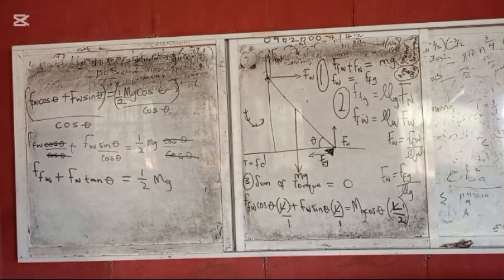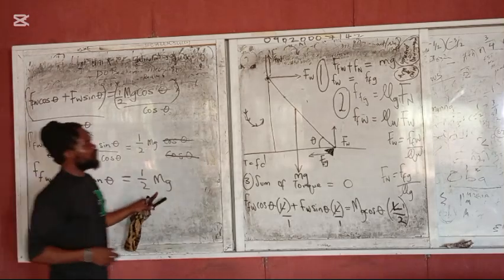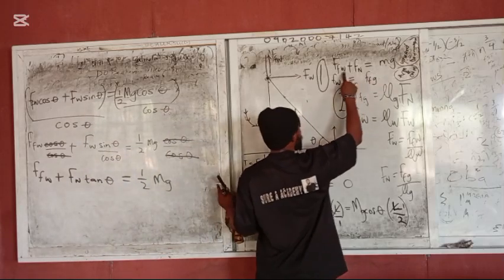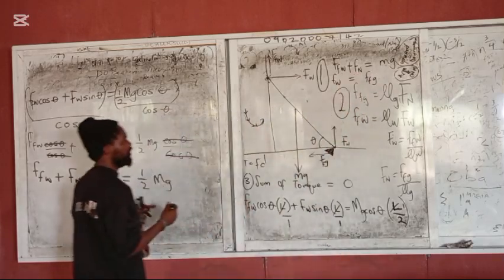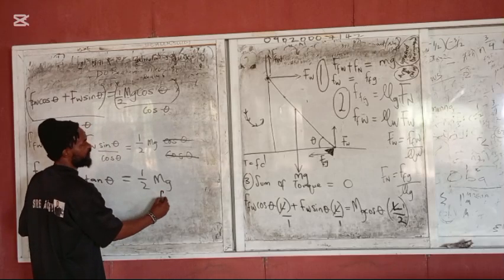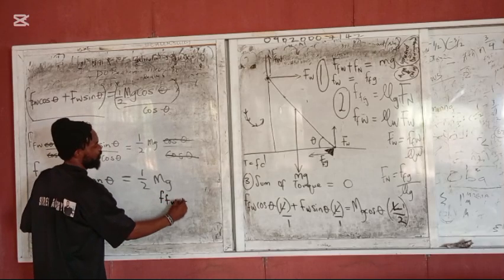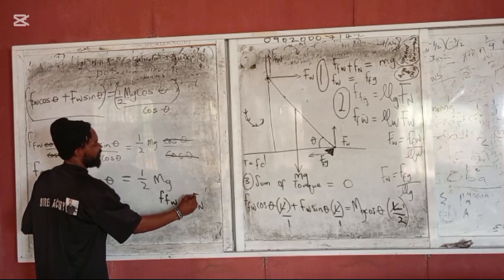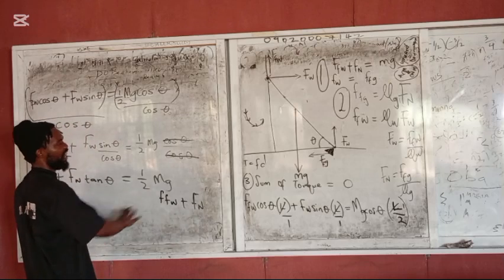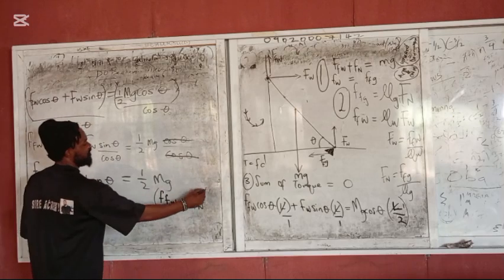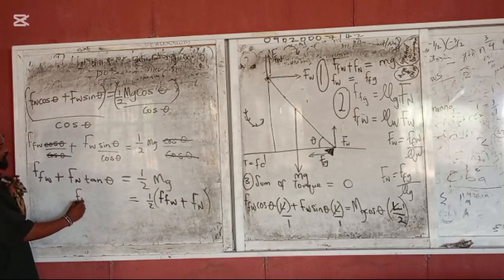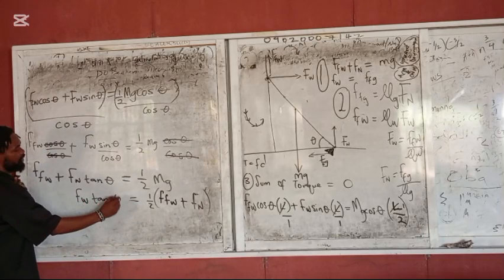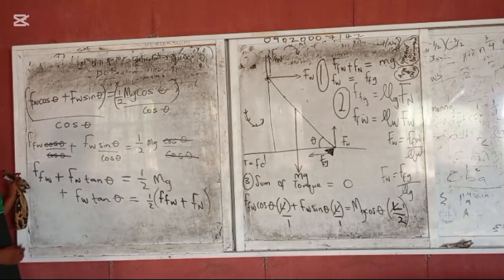But yeah, let's check something. Inside, Mg is equals to FFW plus Fn, should it? Yes. Let me replace Mg with FFW plus Fn. So my goal now, I'm trying to get a situation where I have forces and see if I can cancel that. So I have half equals to, I have FW tan theta plus, what about FFW?